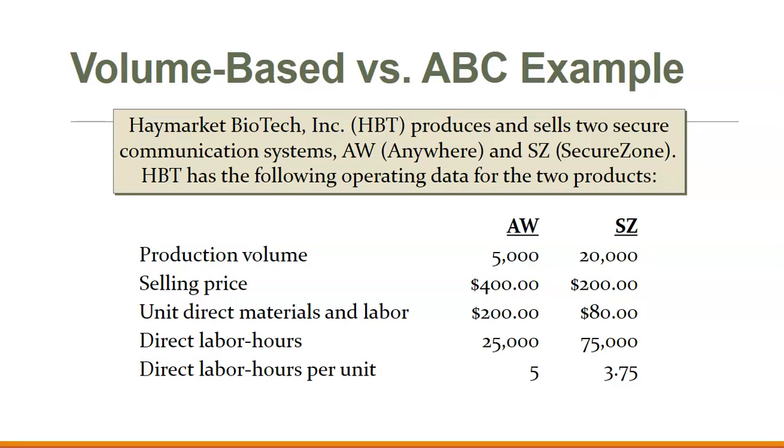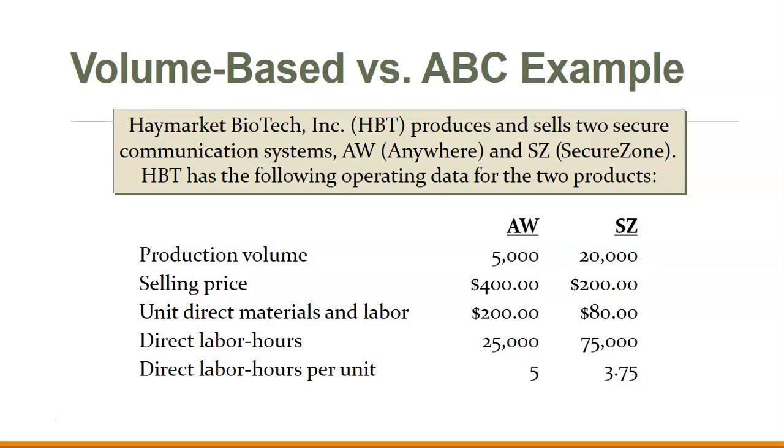In this example, we're going to look at Haymarket Biotech and their two products, AW and SC. First, we're going to look at using a volume-based overhead allocation, and then we're going to look at that same example using an activity-based costing system.